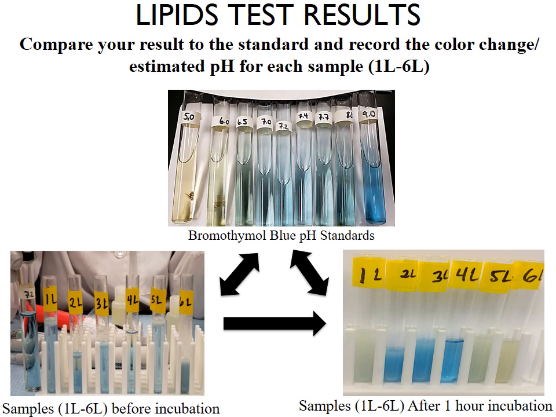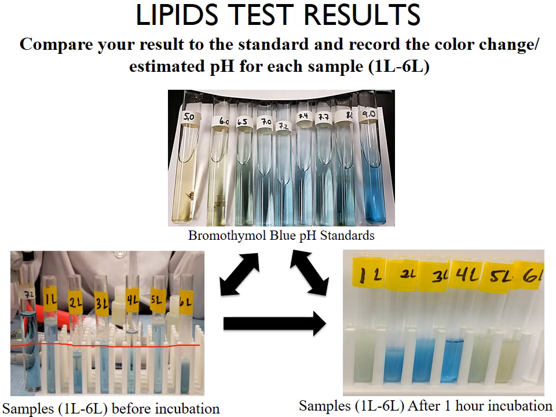So what you're looking at here now is the difference between before incubation and after incubation. You can see here, this is the standard, and the pH looks almost 7.2 compared to what I have for the bromothymol standard.